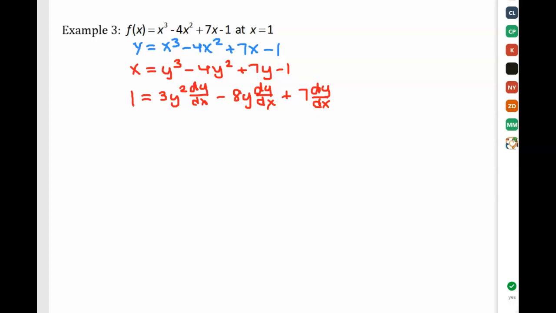So just like back in the day when we did implicit differentiation, we're going to factor out dy dx, leaving me with 3y squared minus 8y plus 7.